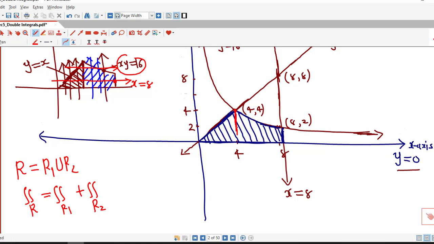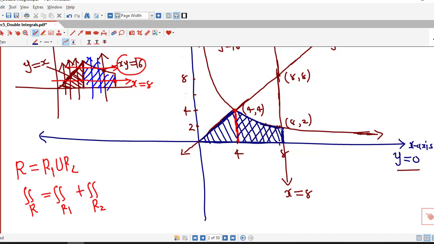So we consider a line parallel to the y-axis, and we divide our region into two subregions. One region is the region to the left side of this line x equal to 4, and the other is the region to the right side of this line x equal to 4. So we can make them separate.